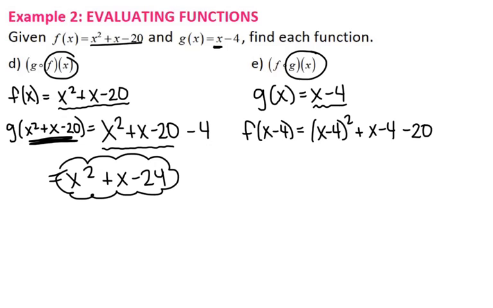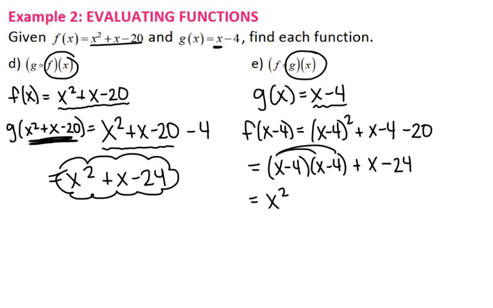From there we're just simplifying, so x minus 4 squared, you have to rewrite it. That's x minus 4 times x minus 4. I can go ahead and combine the like terms over here, so that gives you x minus 24. You can go ahead and distribute.